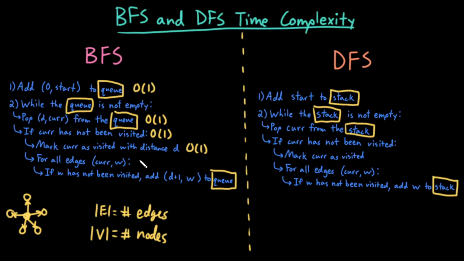So technically speaking, this step might have to iterate over every single edge in my graph. If the neighbor has not been visited, potentially add it to the queue. This is also constant time.